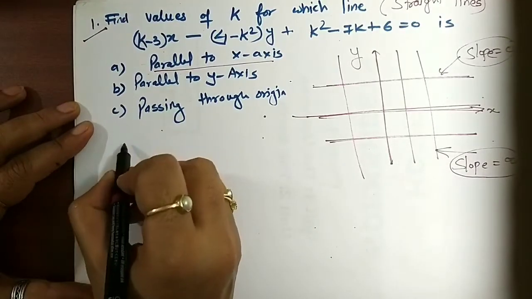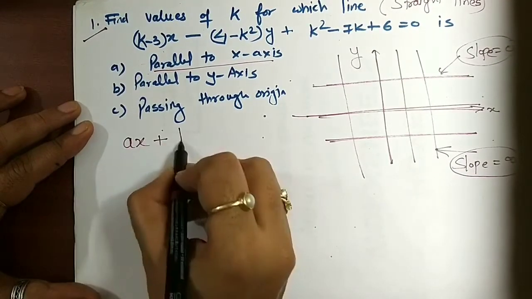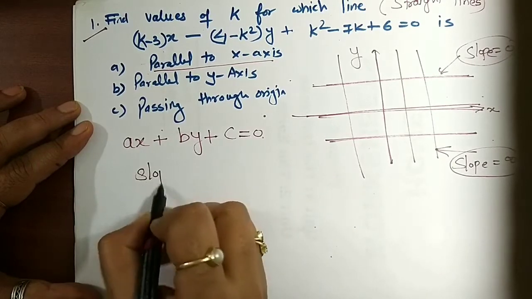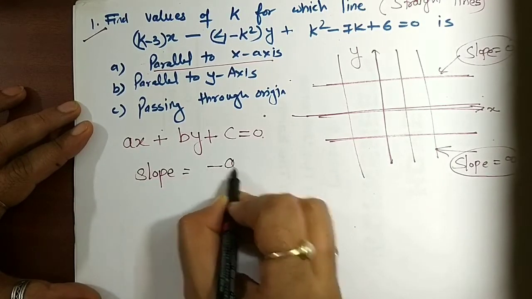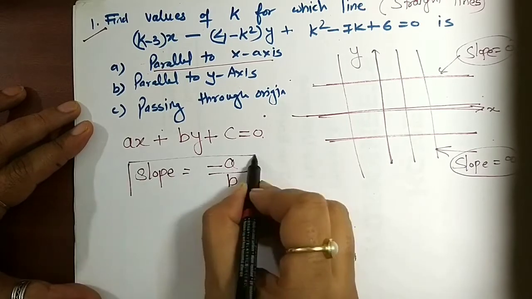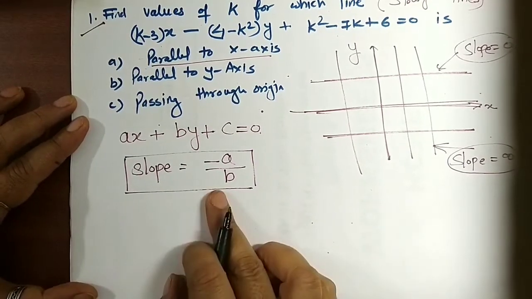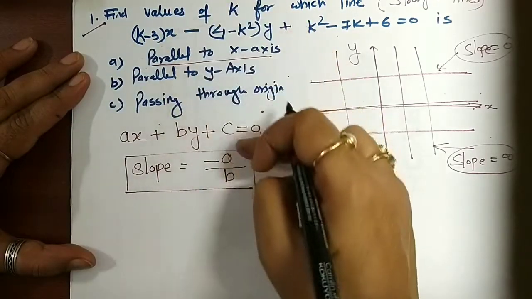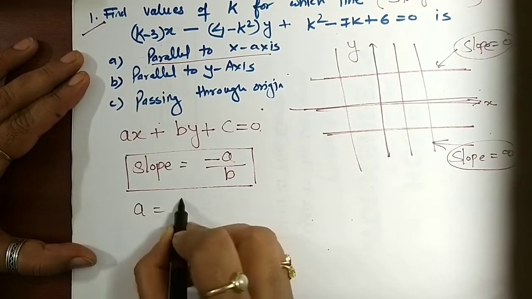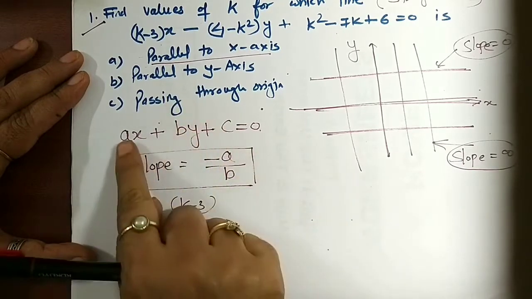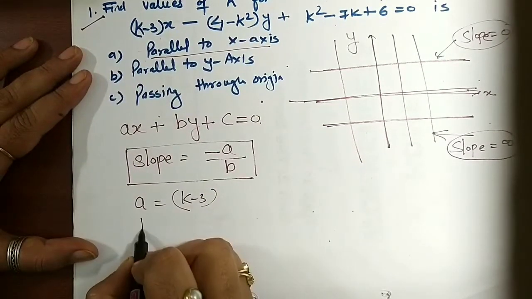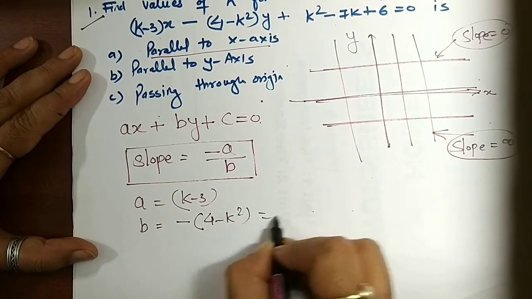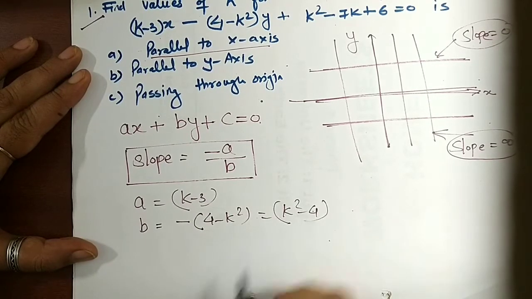And guys, if you remember, I told you if you have ax plus by plus c is equal to 0, the slope of this line is given as minus a by b. Okay, minus a by b. So if I compare it with this equation, my a is k minus 3, you can see that, and b is minus of 4 minus k square, which is k square minus 4.